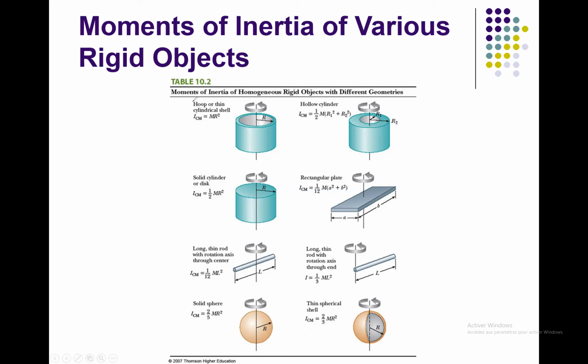Anyway, you have to know, in general, I_cm is given. It's a given value. It depends on the mass of the object times the radius of the object of any regular shape, as you see here.